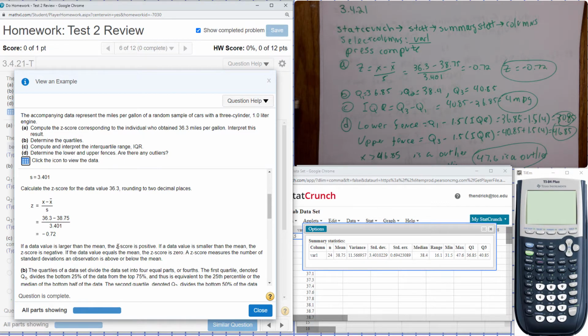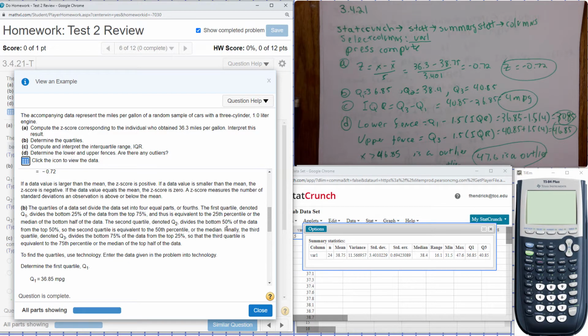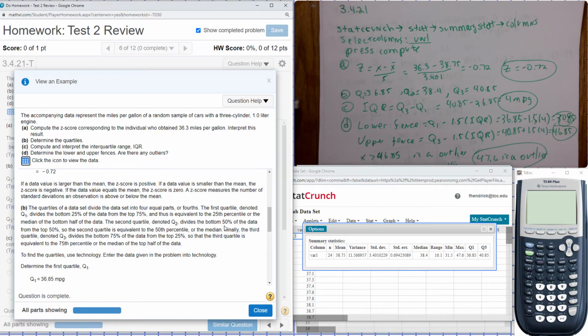So the quartiles here divide the data into 25% portions. The first quartile divides the bottom 25% from the top 75%. The second quartile divides the bottom 50 from the top 50.